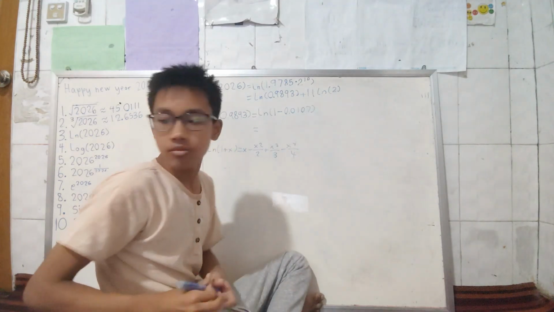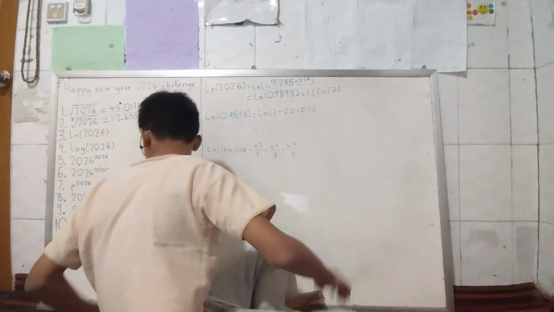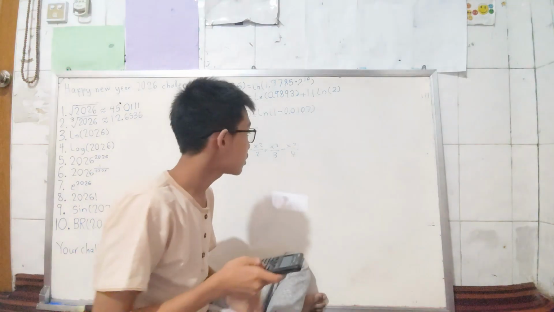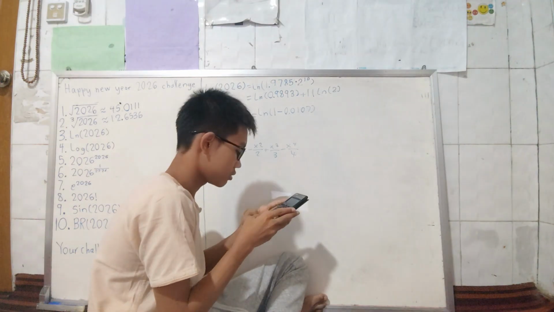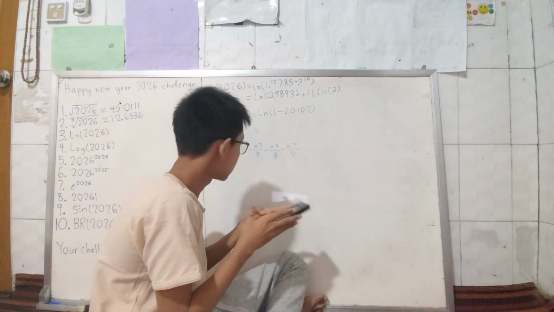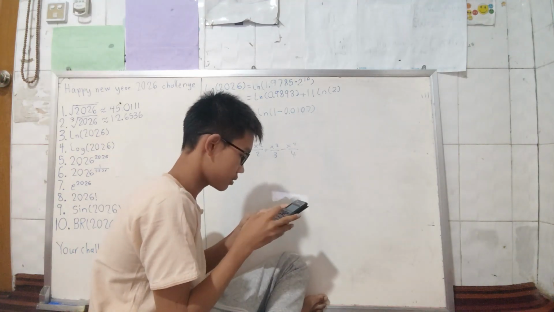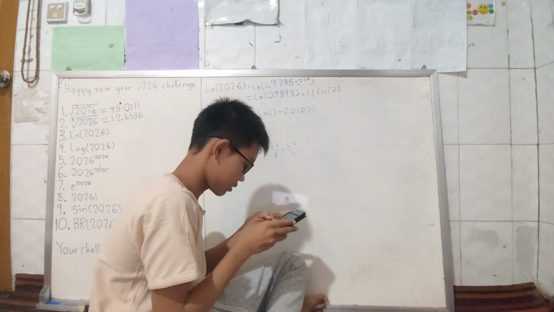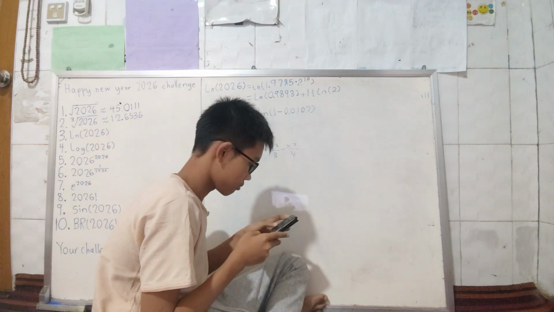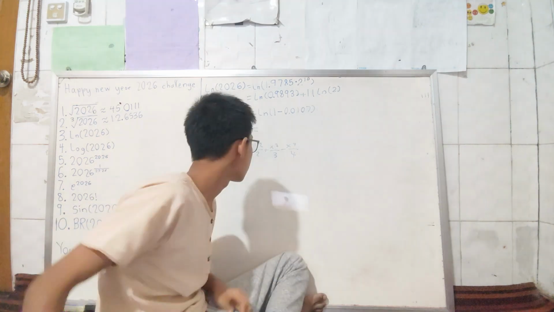Let me check that with my calculator. Wait, where's my calculator? For natural log of 1.1. Let me check for a bit. 0.1, 0.1 squared. So it's right.